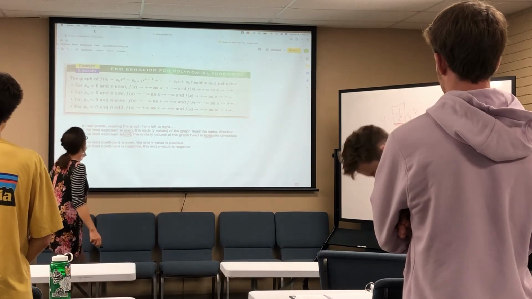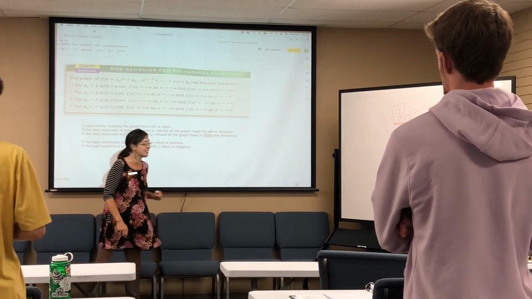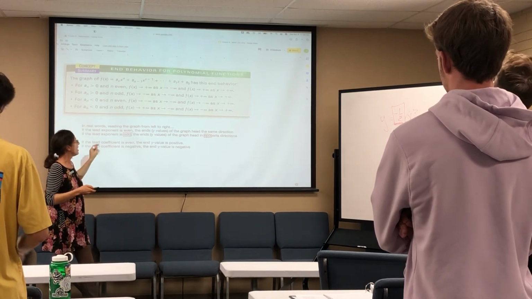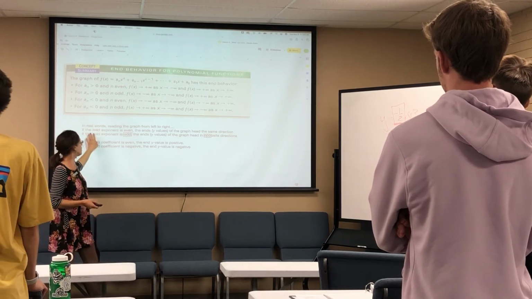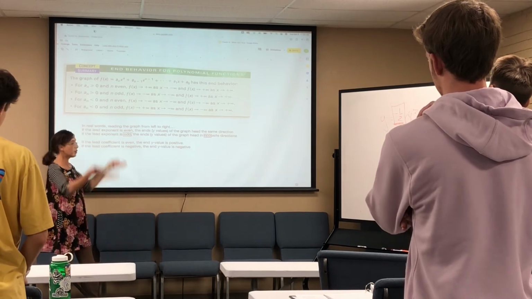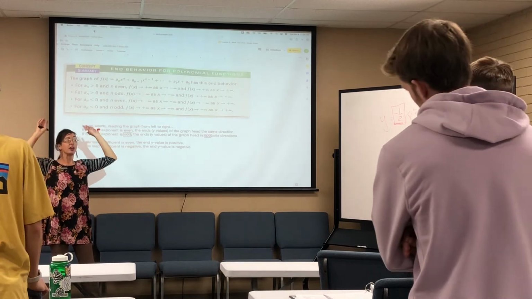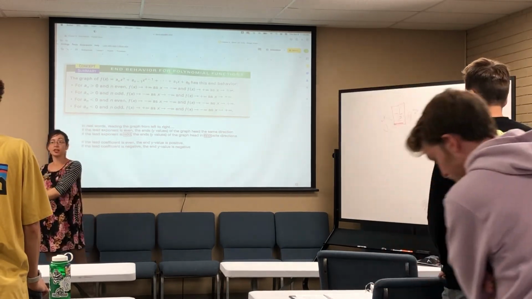All of this says is that if our degree is even, then the graphs are going to go in the same direction, facing up, positive, just like regular. If it's odd, they're going to be facing opposite directions. Has that changed from linear to quadratic to anything else?